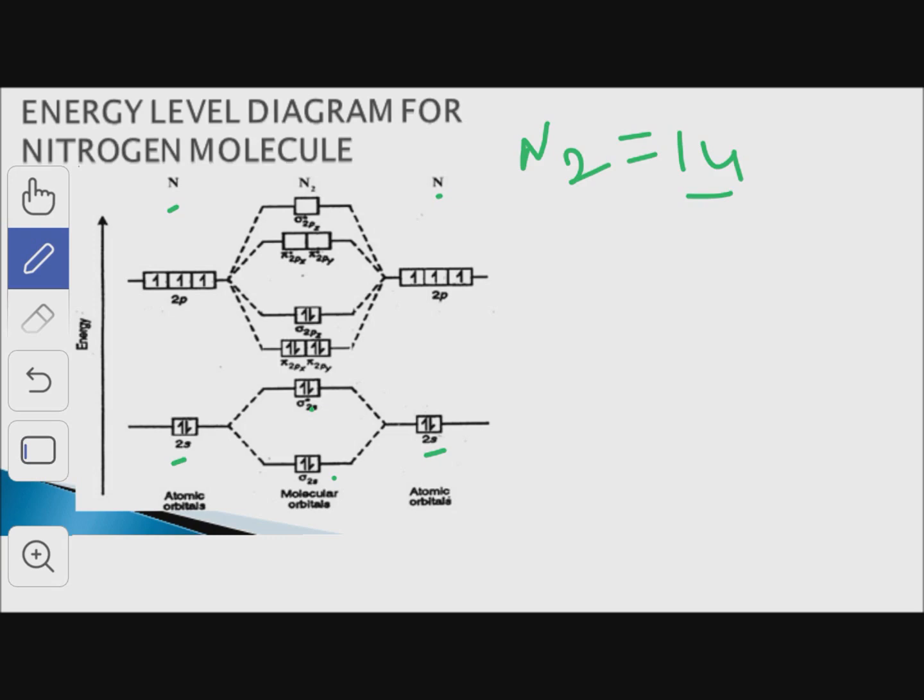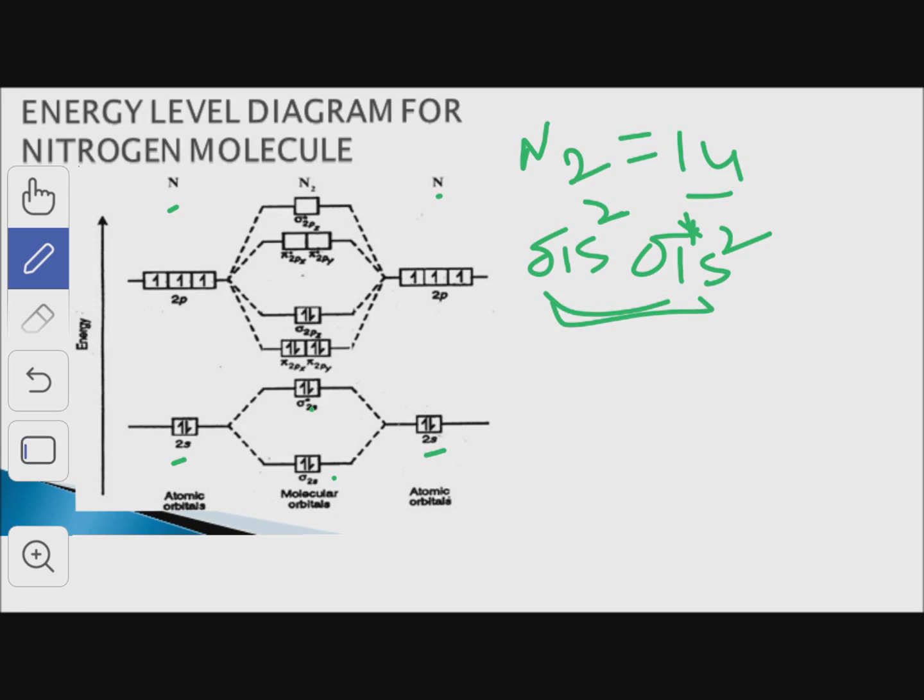The sigma 1s2 and sigma star 1s2 levels are omitted in this diagram because they do not participate in the bond formation. That's why these are omitted from this diagram.